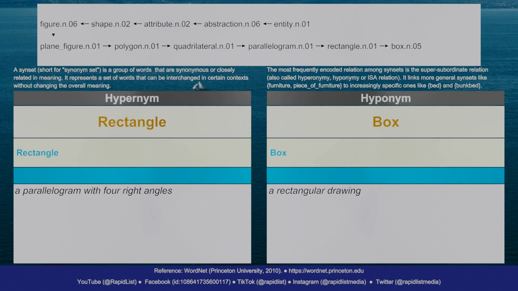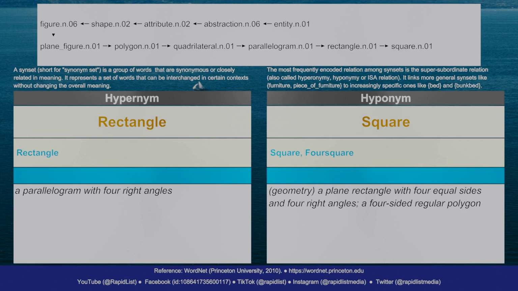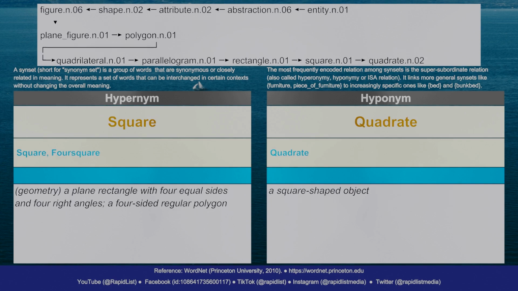Square. Geometry, a plane rectangle with 4 equal sides and 4 right angles, a 4-sided regular polygon. You can compute the area of a square if you know the length of its sides. Quadrate. A square-shaped object.